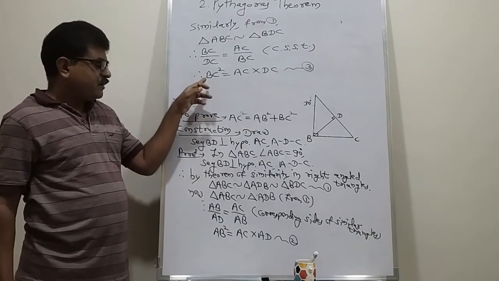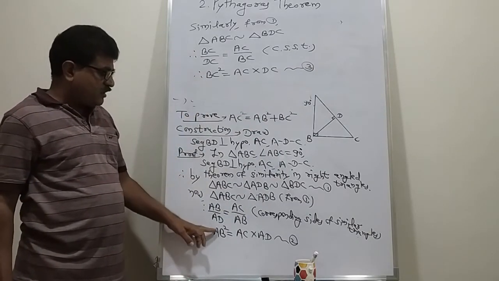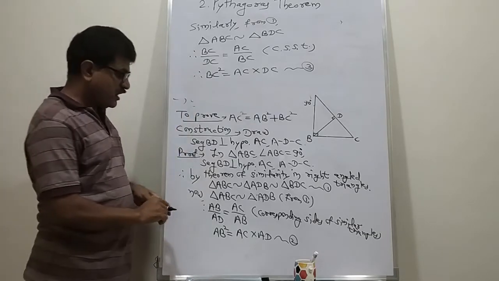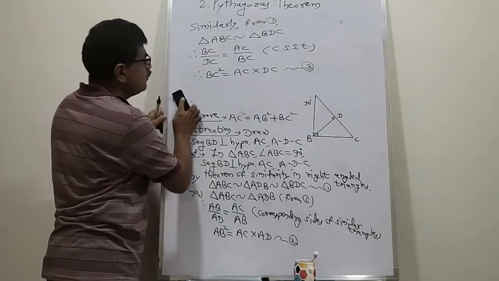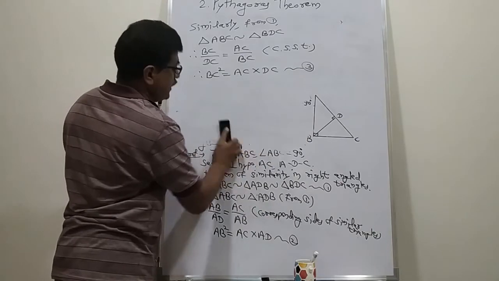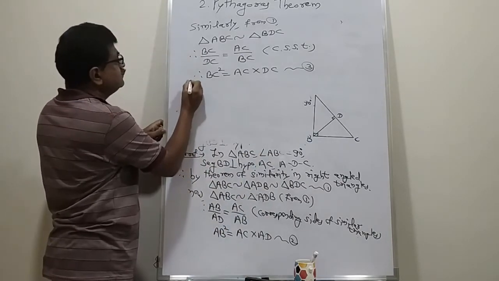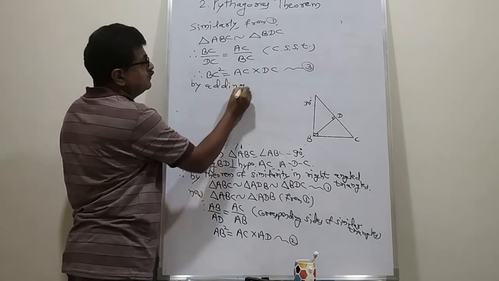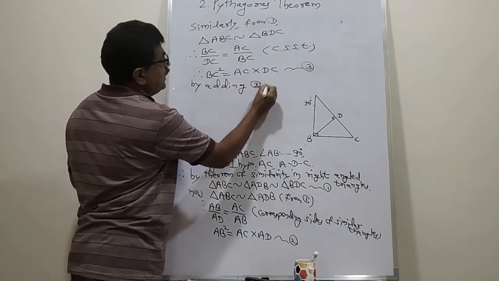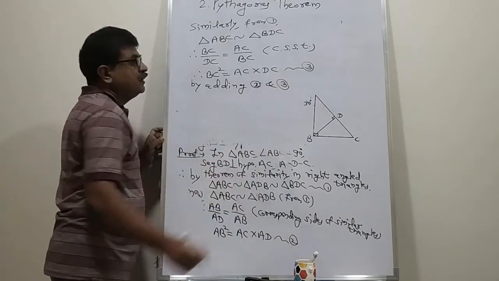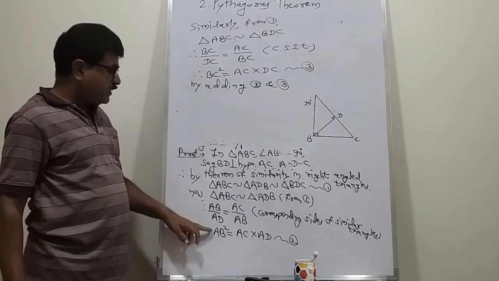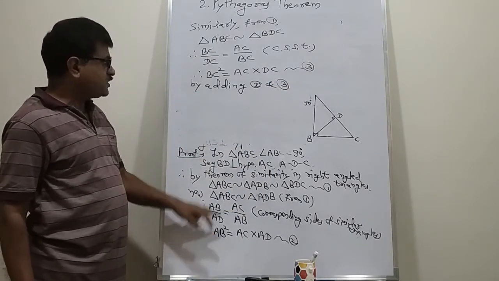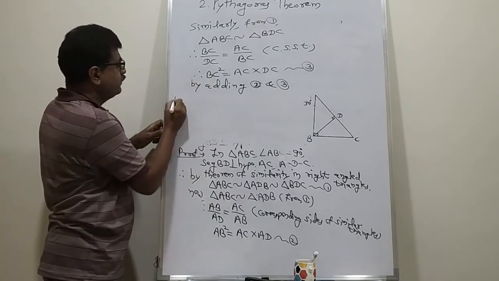Now we have to take the addition of equations 2 and 3. Now take addition of the left hand side, that is AB square plus BC square.